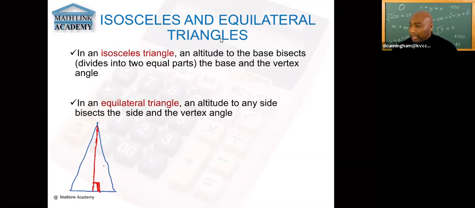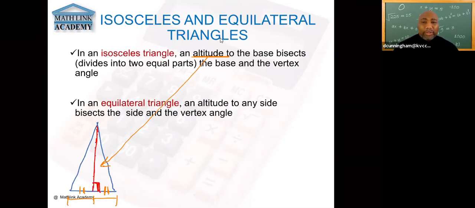This property is saying that the altitude, which is in red, is a bisector to the base, so it gives us two equal sides here on the bottom. The base is broken down into two parts, and they are both equal.